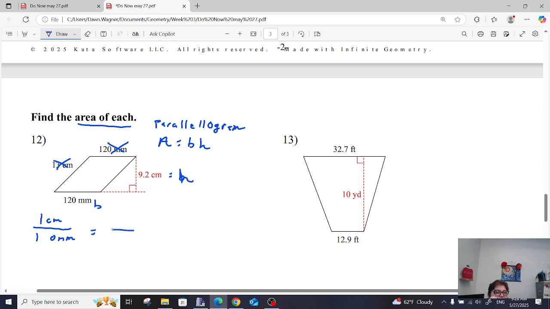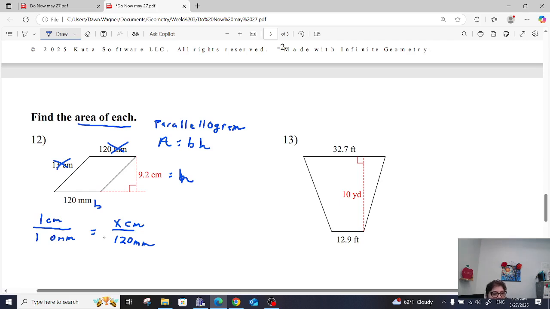I want to find out how many centimeters 120 millimeters are. Notice I have centimeters on top, so centimeters on top. I have millimeters on bottom, so millimeters need to be on bottom. And then you are cross multiplying to figure it out. This will tell you if you're multiplying or dividing, basically.